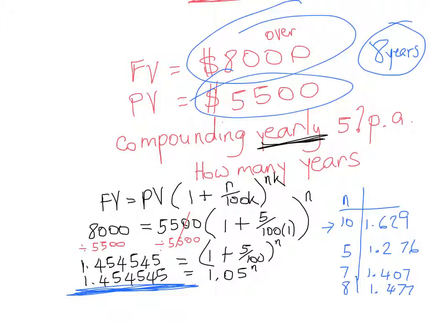So we decided to go down and try 5, which was too small because again we're looking for 1.4545. We got 1.276. We went a little bigger, it was still too small. A little bigger, we got 8. And so we figured out that after 8 years, it would be the first time that our value is over $8,000.